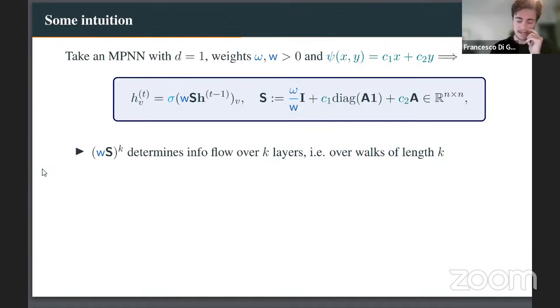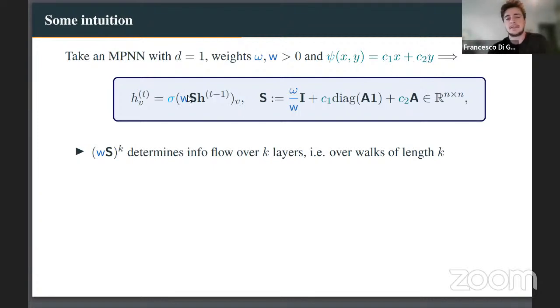So before I state the first main theorem of the paper, I'll try to start a bit more slowly with some intuition. So suppose we have a message passing neural network, and let's say that the features are all scalar. So the dimension is one for each layer. So basically, we are saying we have some weights, which are now numbers, omega and w positive, and let's take the message function to just be a linear combination of the inputs.